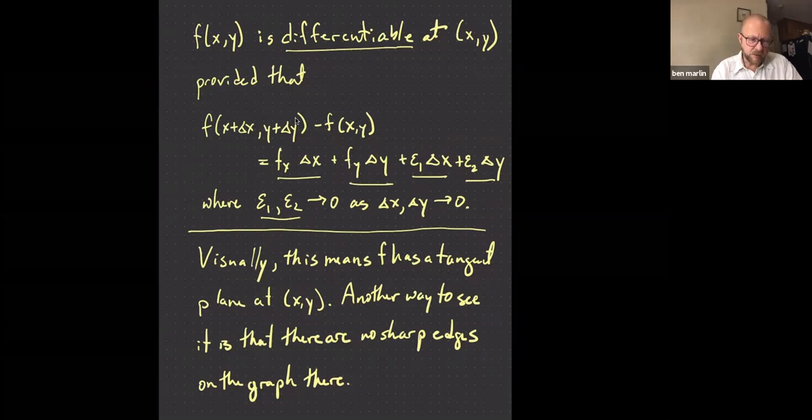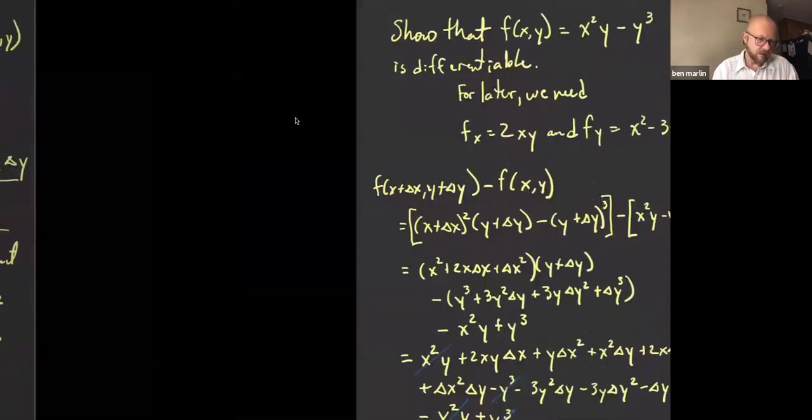So again, visually, all this means is that you get a tangent plane and that your surface doesn't really have any sharp edges there, okay?